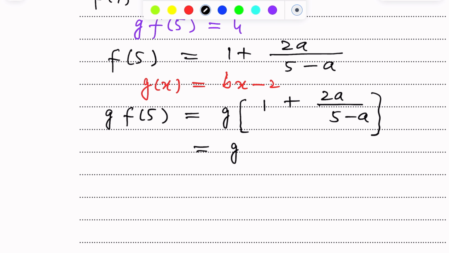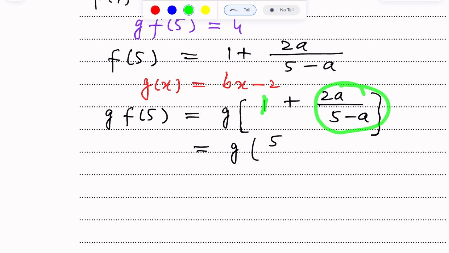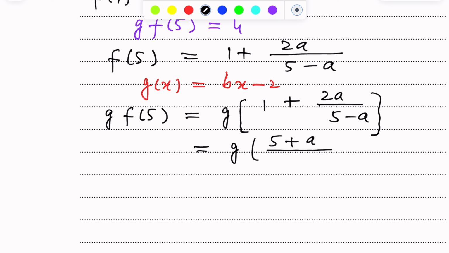We are writing this 1 plus 2a over 5 minus a in simple form by taking LCM: 5 plus a over 5 minus a. So f(5) is equal to this.